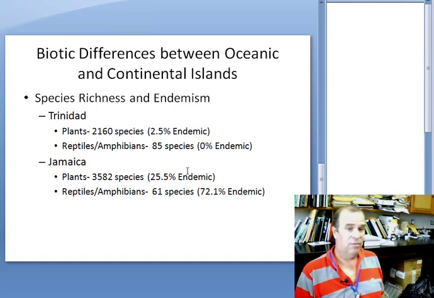So this reflects that Jamaica is an oceanic island, while Trinidad is a continental island which was joined to the continent of South America maybe 10,000 years ago. So it tends to have far fewer unique species which are found nowhere else.